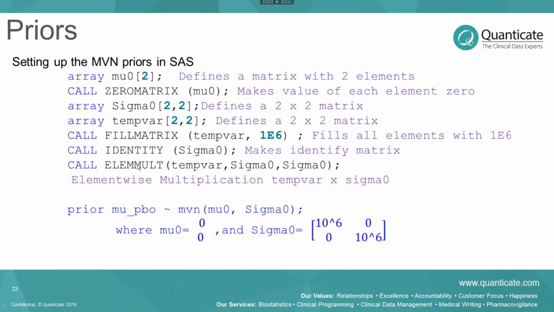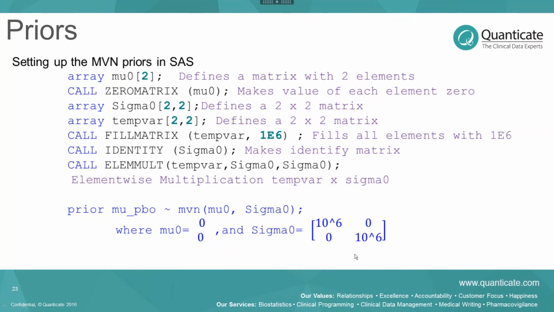Then what this does is it multiplies the temporary matrix, so the one that's got this value for each of the cells, with your identity matrix, and it's going to replace sigma 0 with the result. So it gives you this basically. So this is going to be your prior for the placebo. So the mean of 0, and that's your sigma. So it's quite a lot of code to produce something quite simple at the end.